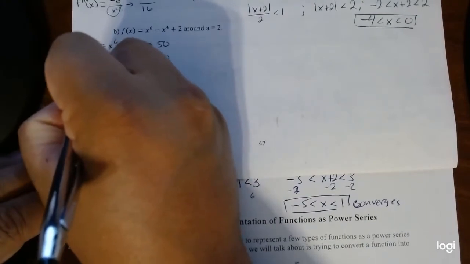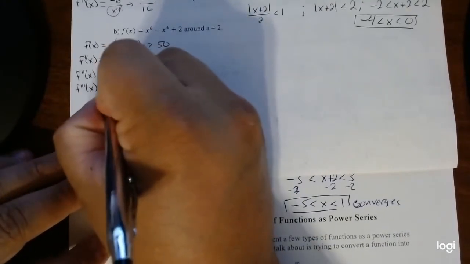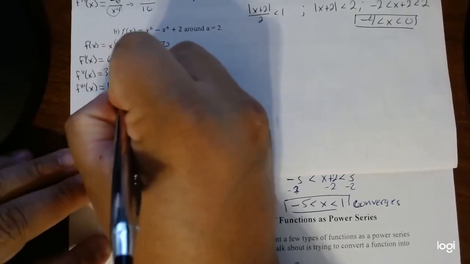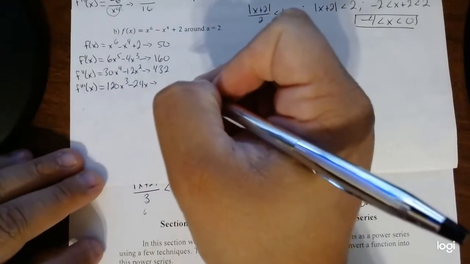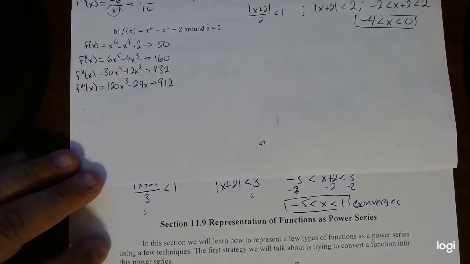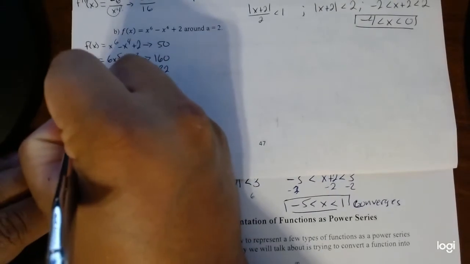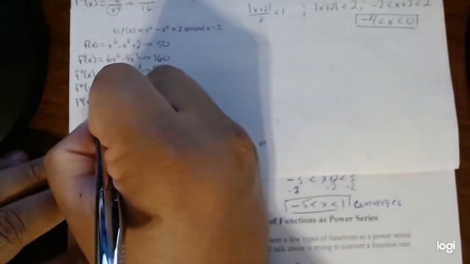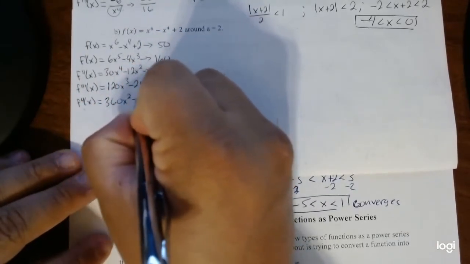Do the third derivative. This ends up being 120 minus 24x. Plug in 2, this is 912. Now the fourth derivative: 3 times 120 is 360x squared minus 24.